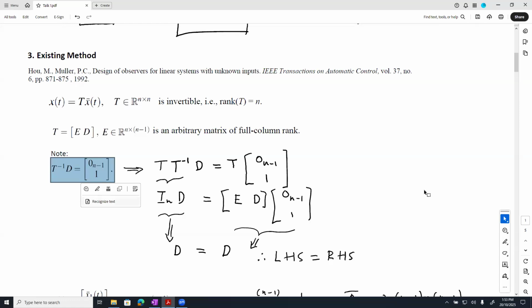Later on, we will see that when we do the decomposition, we can actually get rid of the unknown input in one of the subvectors.